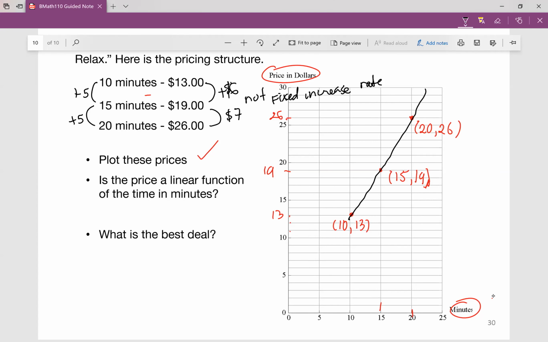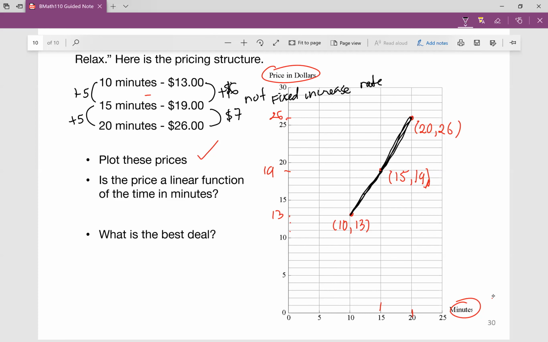Even though it looks like a straight line, my drawing is not correct. Let me try to make sure. So this is one line, and you see another line is a little bit different.